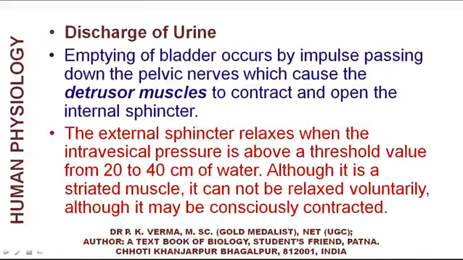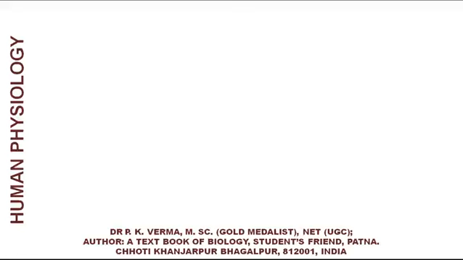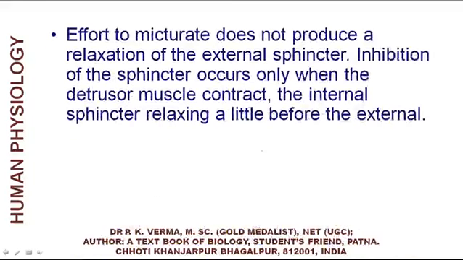The external sphincter relaxes when the intravesical pressure is above a threshold value from 20 to 40 centimeter of water. Although it is a striated muscle, it cannot be relaxed voluntarily. It may be consciously contracted. If forced to micturate, it does not produce a relaxation of the external sphincter.